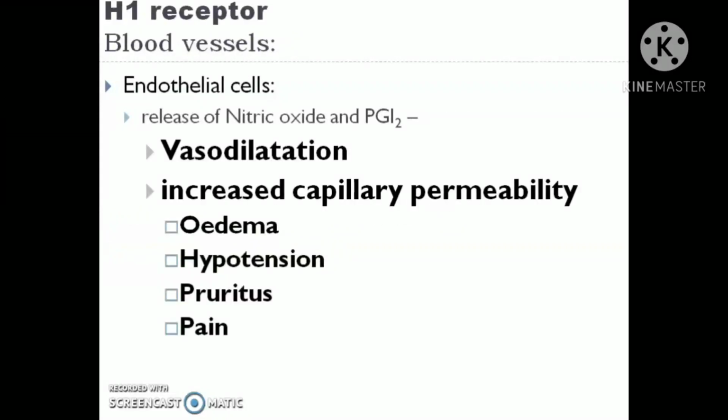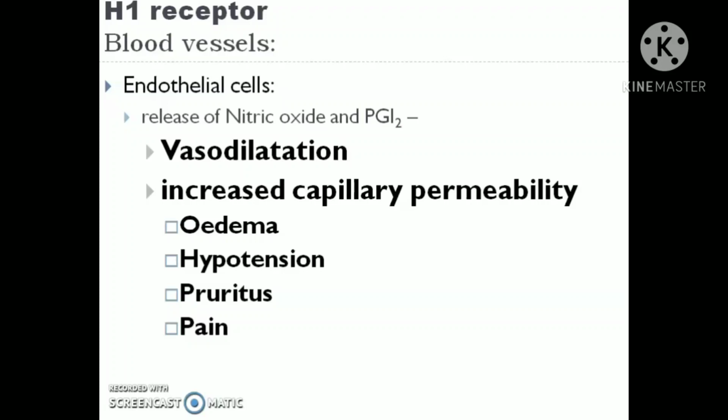Next is the H1 receptors present in the blood vessels. The interaction of histamine with H1 receptors in the endothelial cells of the blood vessel causes release of nitric oxide and prostaglandin I2, resulting in vasodilatation, increased capillary permeability.